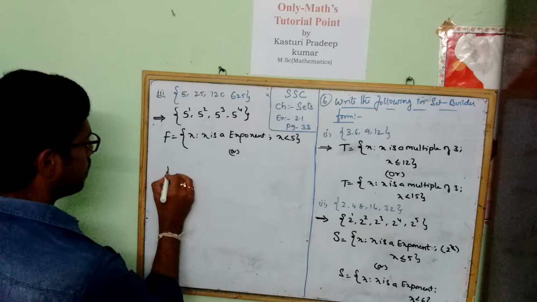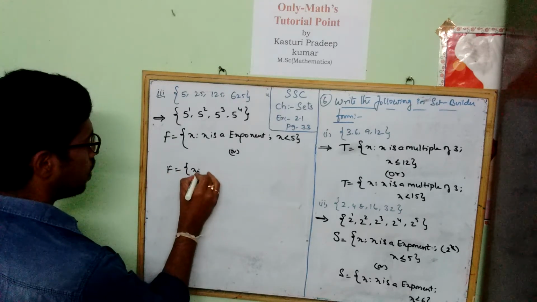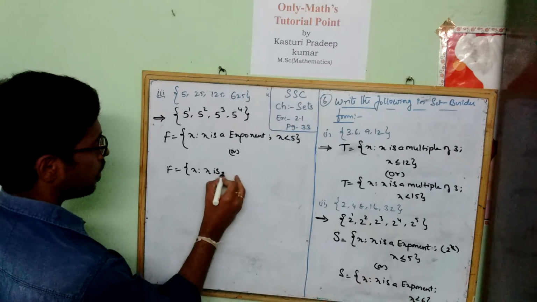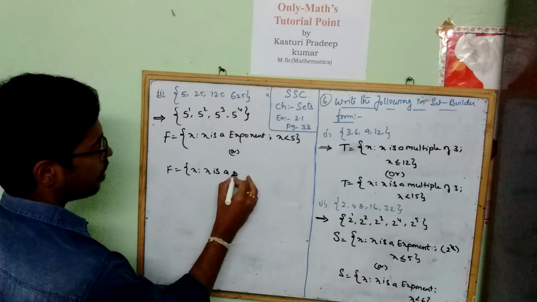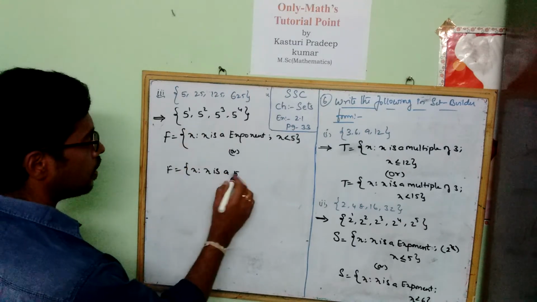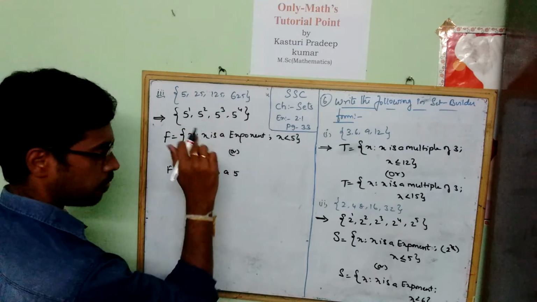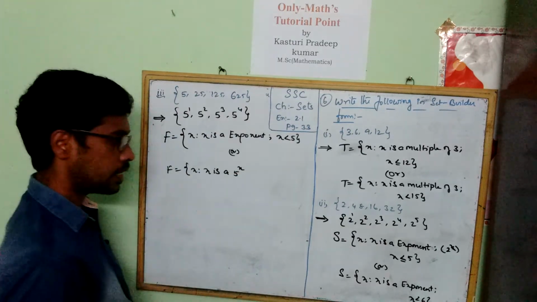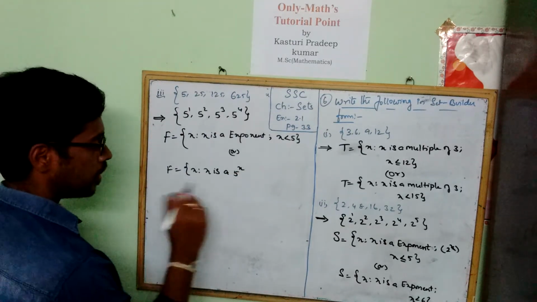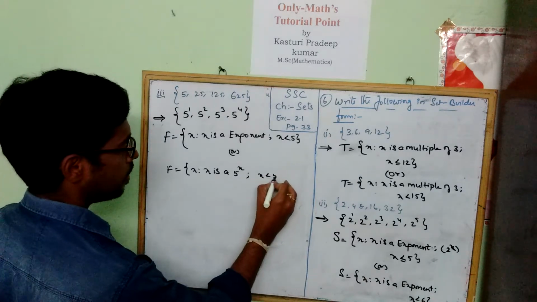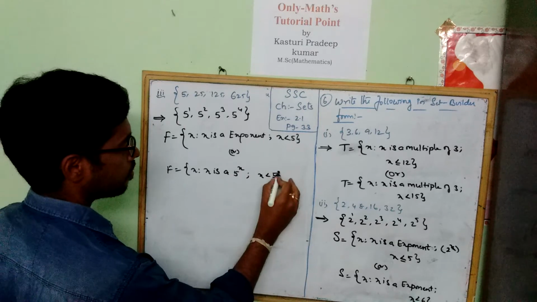Or F equal to x colon x is in which format? The base is 5, common for all, and it is only differing in powers, right? So x is in the 5 power x format, and the condition is x less than 5.